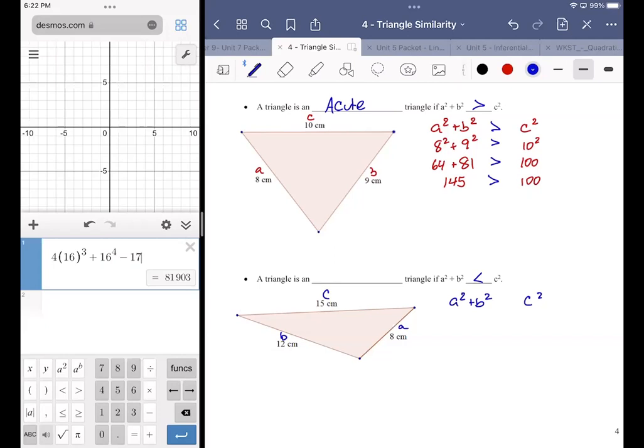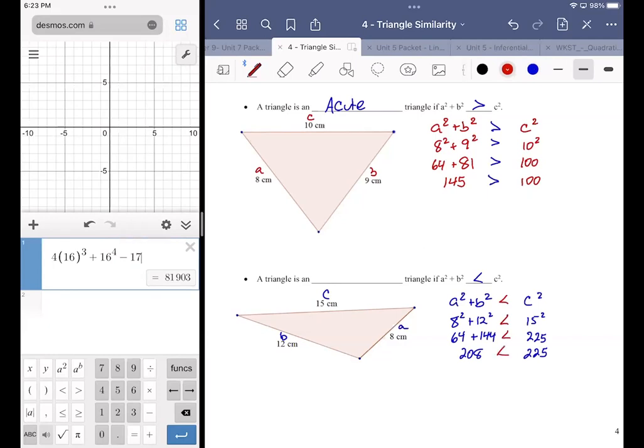So 8 squared plus 12 squared, result 15 squared. 8 squared is 64, 12 squared is 144, and 15 squared is 225. 64 plus 144 is 208. 208 versus 225. 208 is less than 225.